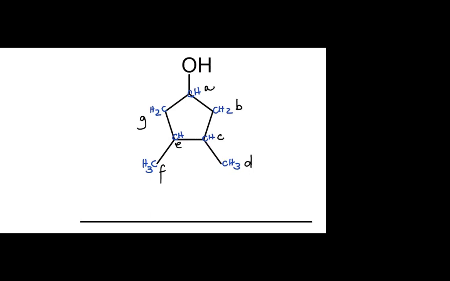Let's put in the chat. What are the letters that, based on all the examples that we have done, for sure are not chiral carbons? Which letters are not chiral? Excellent.